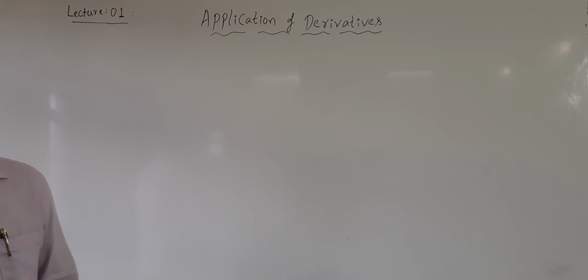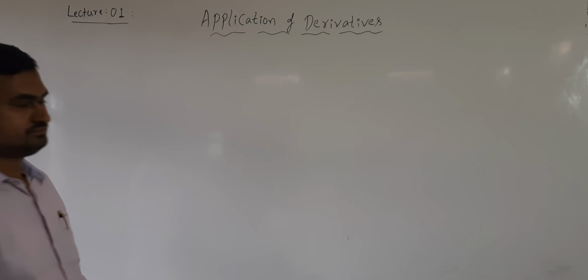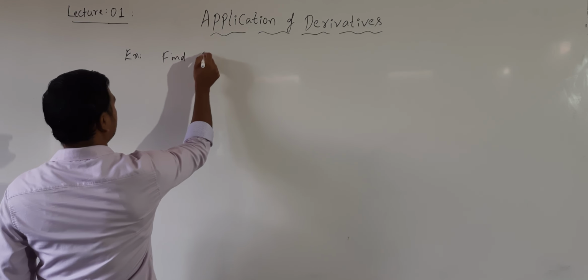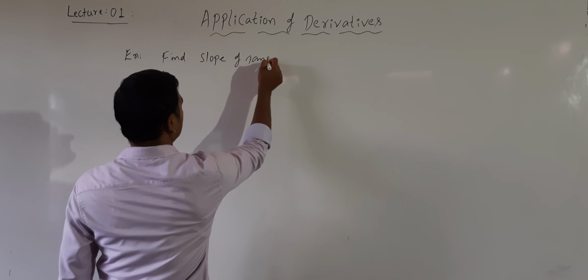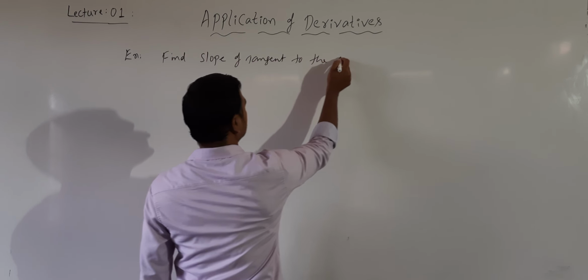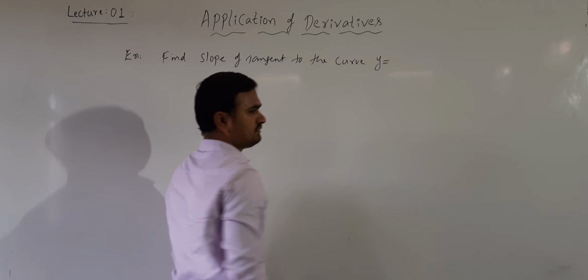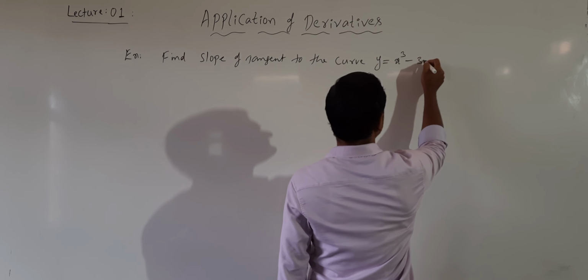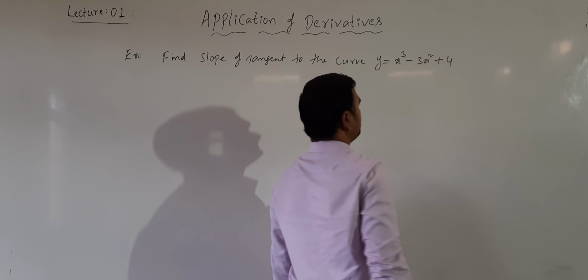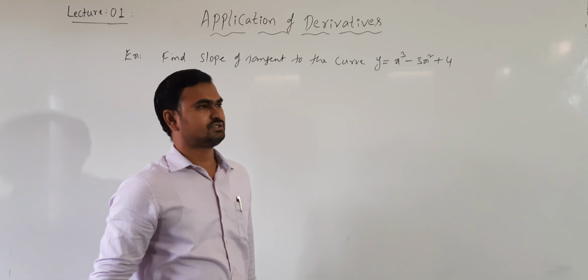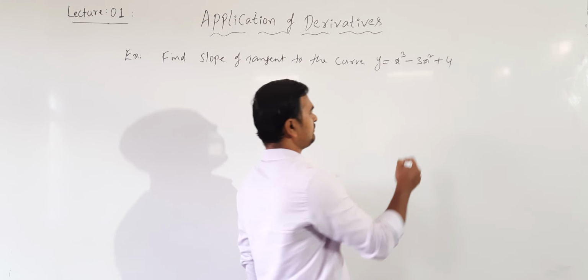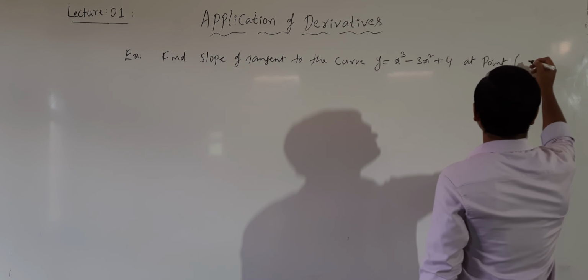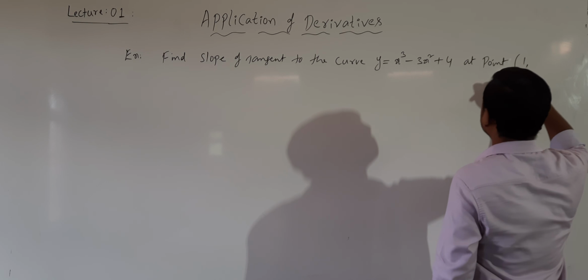Right. We'll take some examples. Find the slope of tangent to the curve y equal to x cube minus 3x square plus 4 at the point 1, 2.